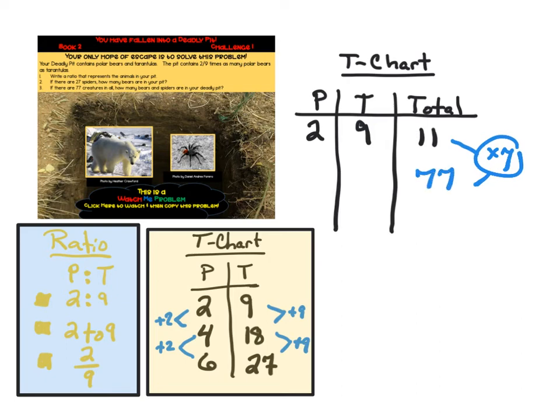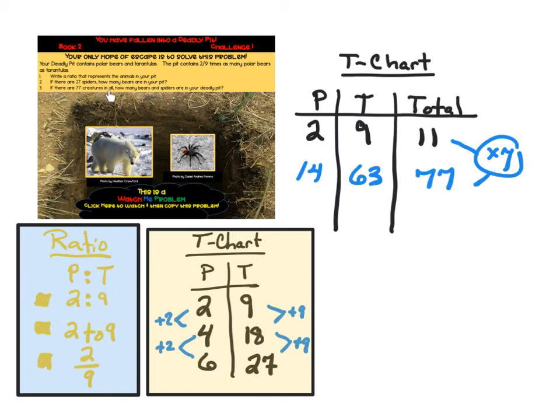And then if I do that, I'll take 7 times 9, and that's going to give me 63. And then I take 7 times 2, and that's going to give me 14. And bam, right there is your answer, because 14 plus 63 will give you 77. And that is exactly what you wanted to figure out.